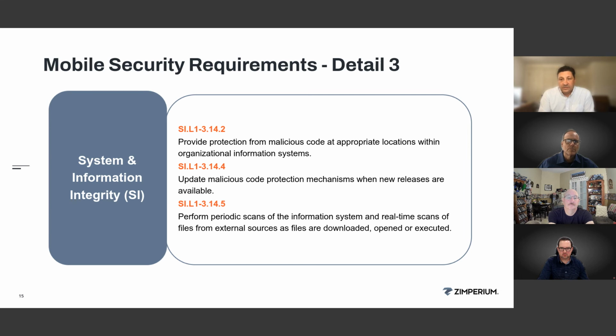Their example is that when buying a new computer, to protect company information from viruses and spyware, you buy and install anti-malware software. That's exactly what we're recommending on mobile devices: apply anti-malware software on the device just as you would any other asset in your environment to protect that CUI data.